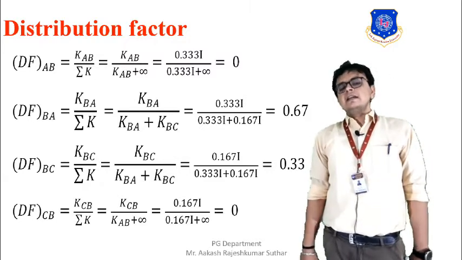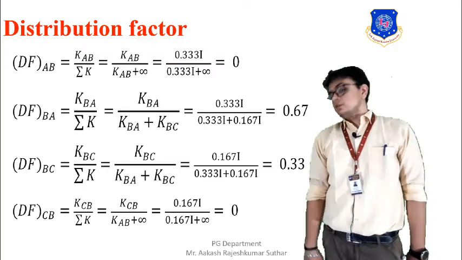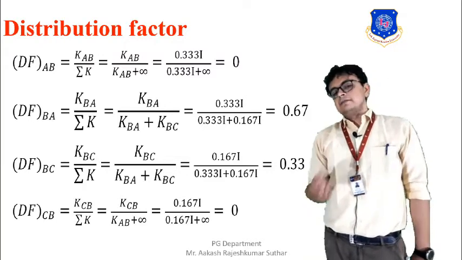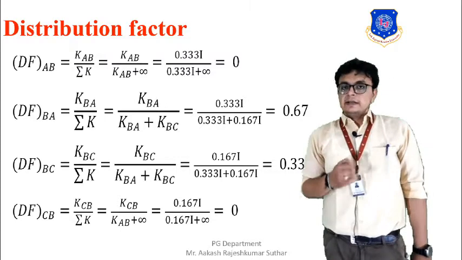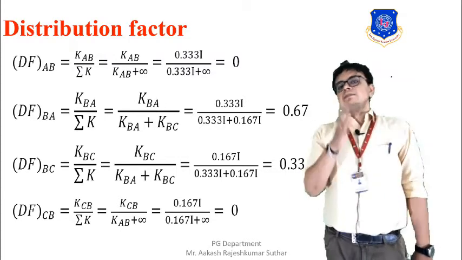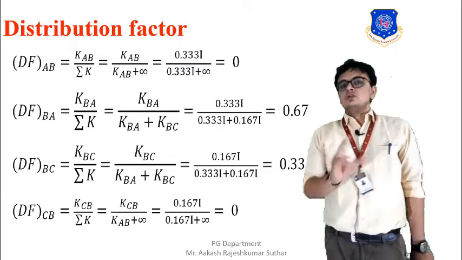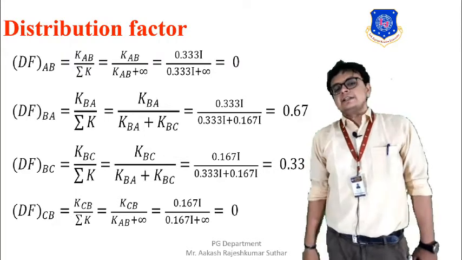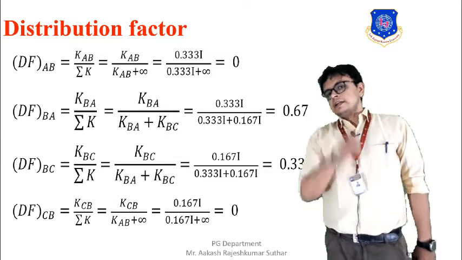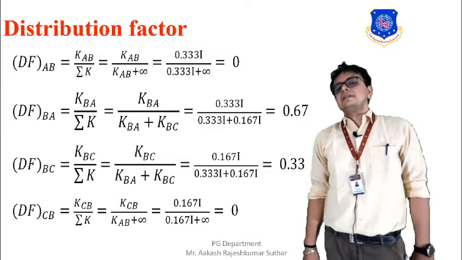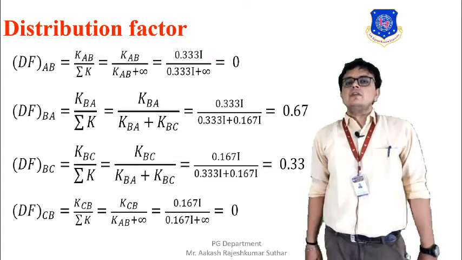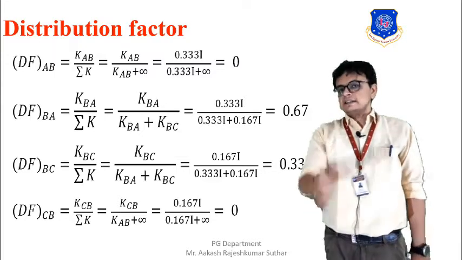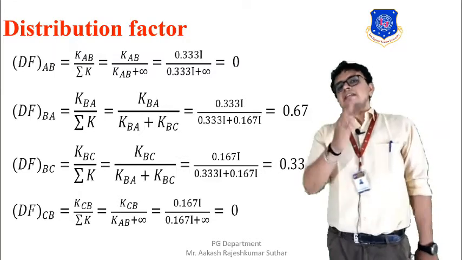Similarly, we will do it for BC also, because BC is also a member which has the joint B, and B has BA and BC. Now it's time to deal with BC. We have to find the distribution factor for BC. In the numerator we take the stiffness factor of BC divided by the summation of all the stiffness at joint B, that is KBA plus KBC.